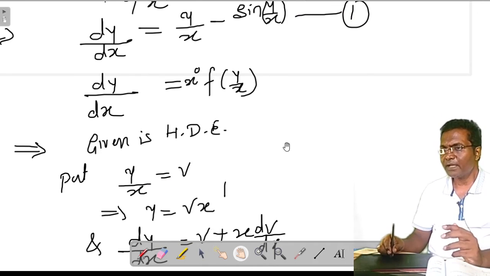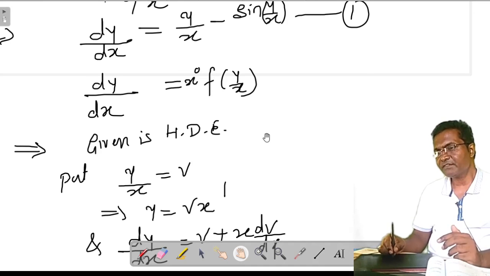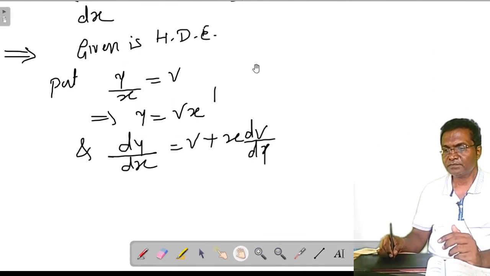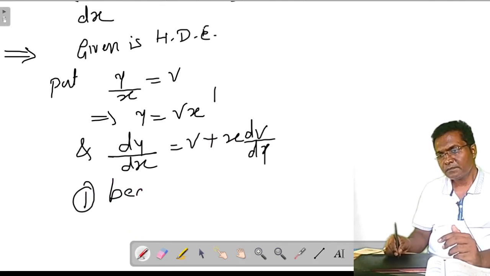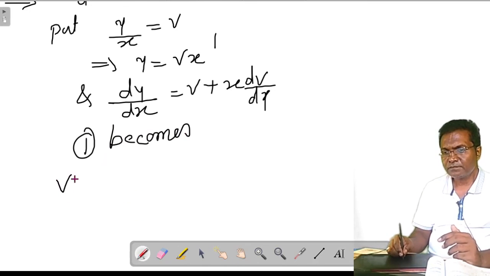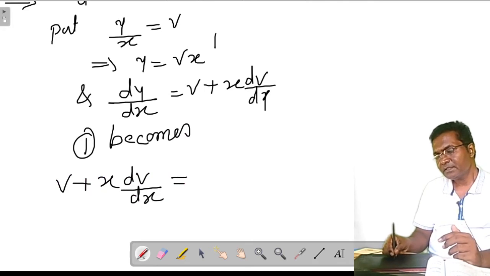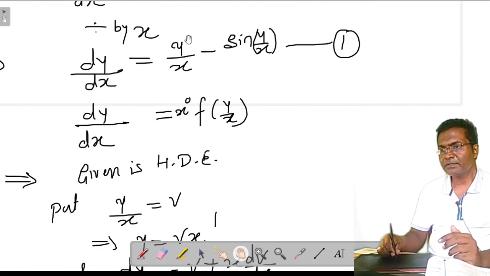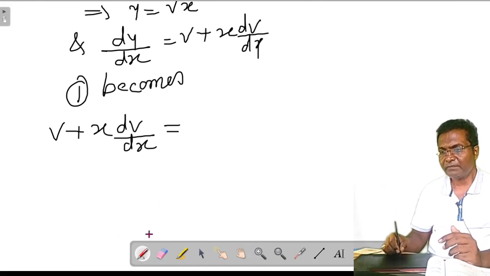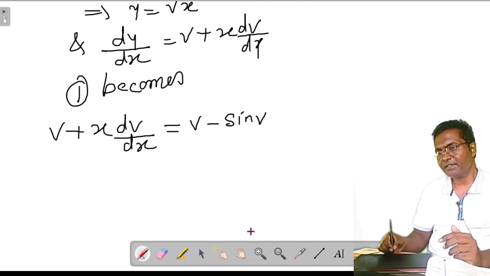Go to playback and keep it at 0.75 speed. So what will we get? Equation 1 becomes v plus x dv by dx equals what we had there: y by x minus sine y by x. Y by x means v, minus sine y by x means sine v.